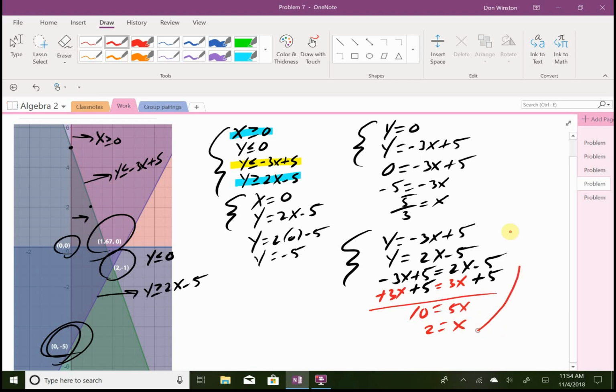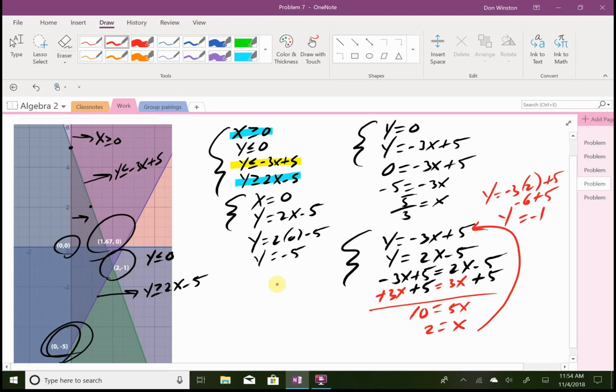I can plug 2 in for x into that equation, and I get y is equal to negative 3 times 2 plus 5, negative 6 plus 5, y is equal to negative 1. So my solution is 2, negative 1, which we see there. Okay, so I found all of the corner points.